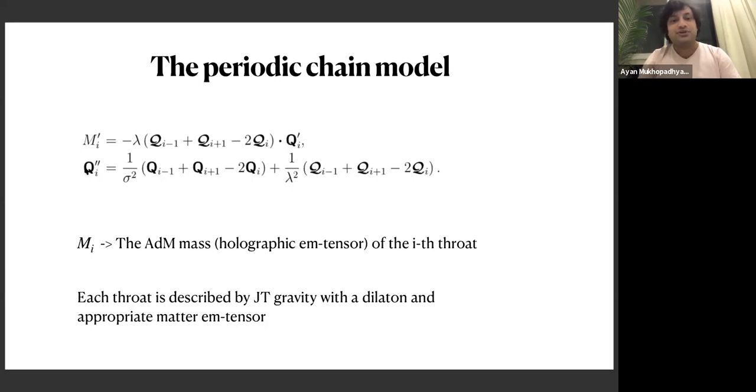Because the sum over i of Qi prime is conserved, it will be a constant. So there is a strong constant monopole component, and then there is a diffusion term when you take the continuum limit. So this is almost like a diffusion equation. And then this is essentially a Klein-Gordon equation with specific kind of sources. Each of these throats is described by Jackiw-Teitelboim gravity with a dilaton and appropriate matter EM tensor, which I'm coming to.